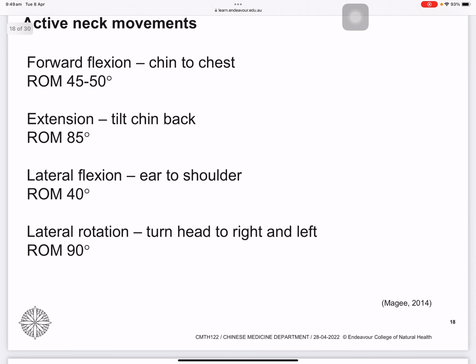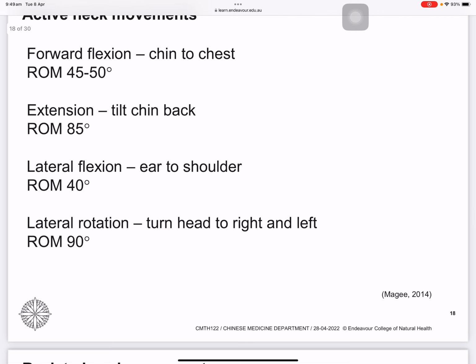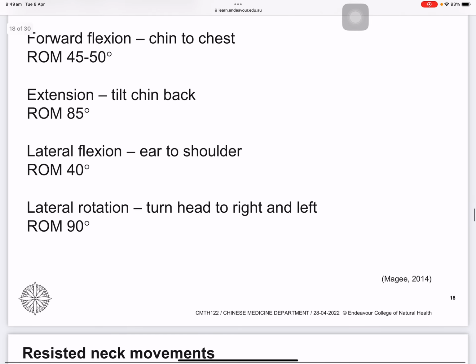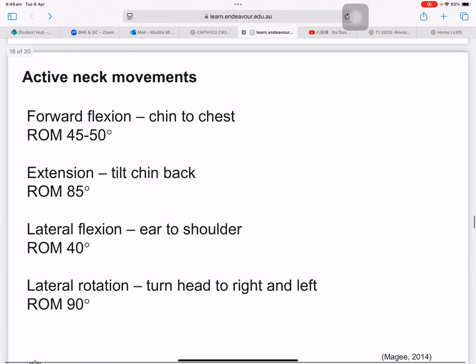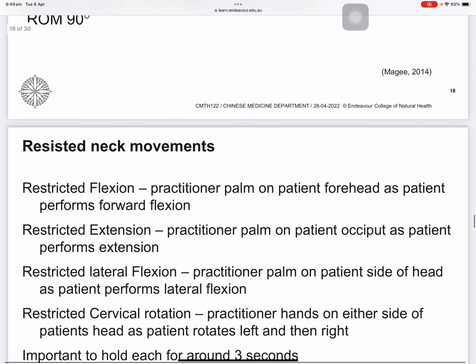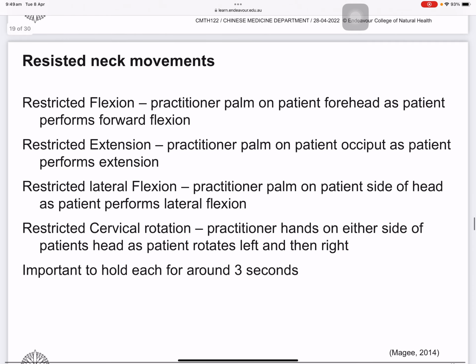Alright, so what is called restriction? When we do the first movement, let's say chin to chest, when we bring it down, we use a palm on the forehead to apply resistance and check the movement.